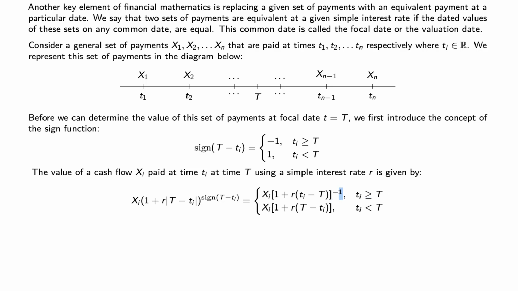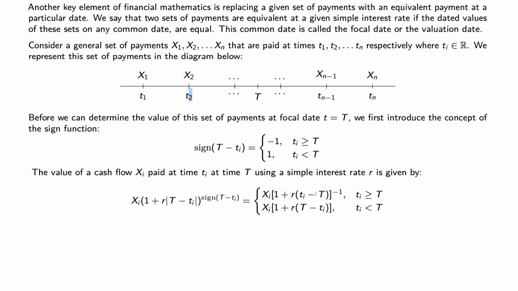And that's simply stating that if we are in the case where ti is greater than t, we need to discount backwards to time t. But equivalently, if ti is less than the focal date, then we actually have to accumulate to time t.